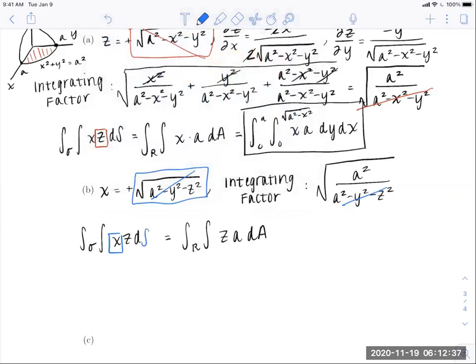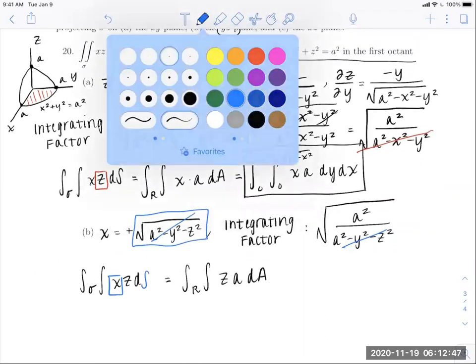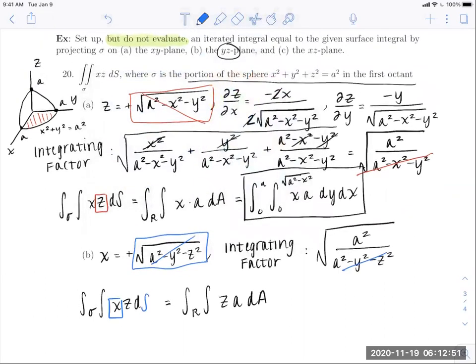And so now we need to figure out how we're going to set up our limits of integration. If we go back up to this picture here in 3 space and we project onto the YZ plane, I'll shade it in blue here. Again, it just looks like that quarter circle.